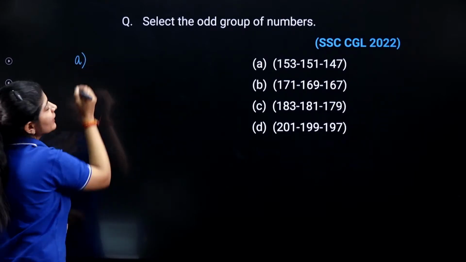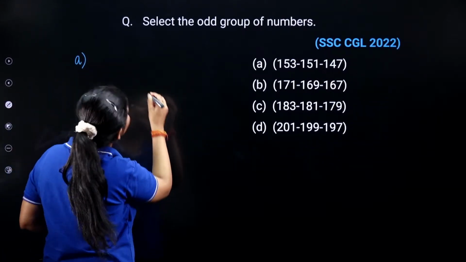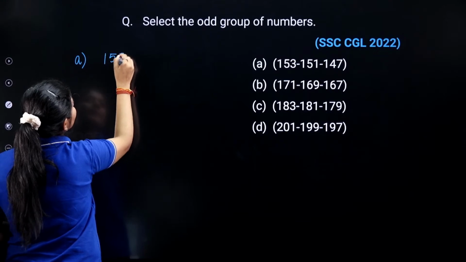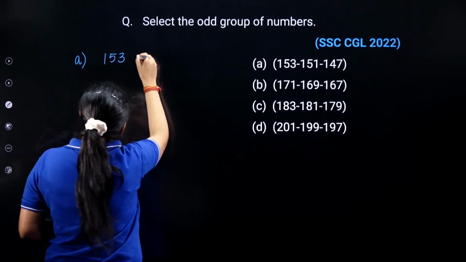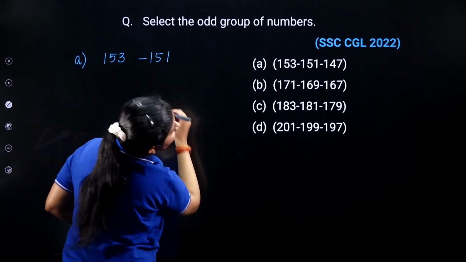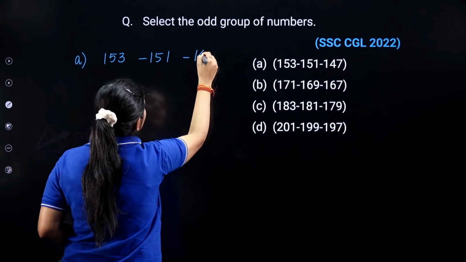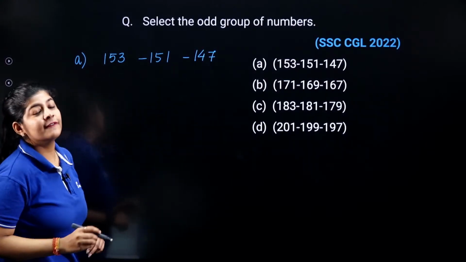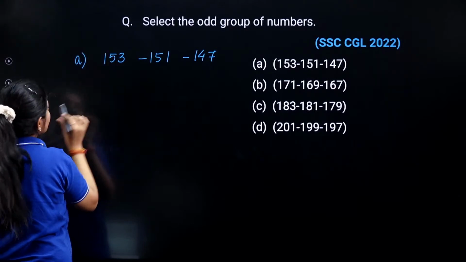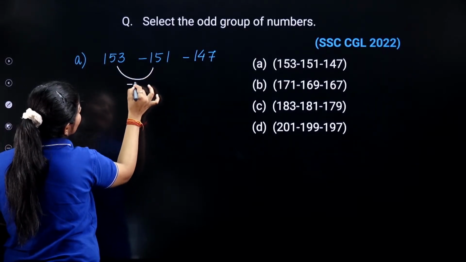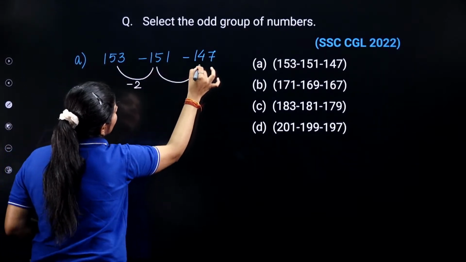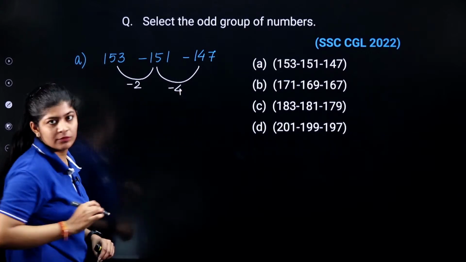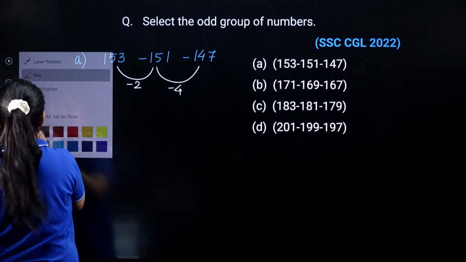Okay, we will go with our option number A. Here we have 153, 151 and 147. If I talk about the difference between the numbers, here -2, right? Here -4. This is the difference that we have.